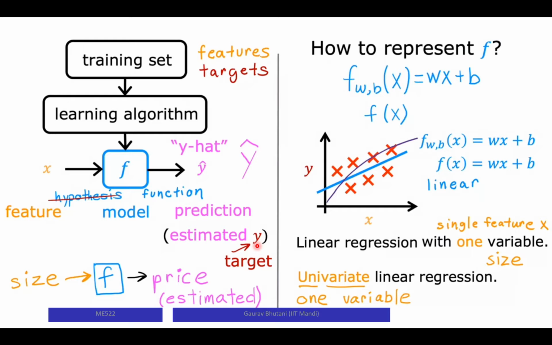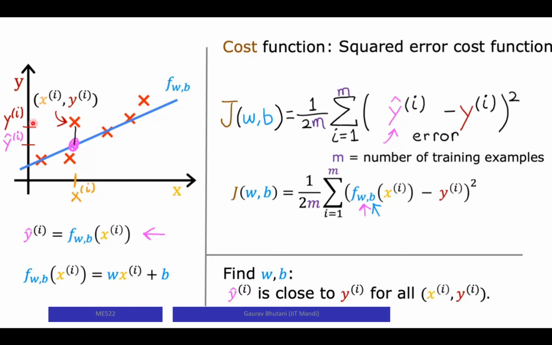Now since it's a straight line fit, let's say you fit this blue straight line. For this xi data point that you had, your data had this red cross, but your model predicts this y hat. So there is a difference between your y hat and the actual y that was provided.